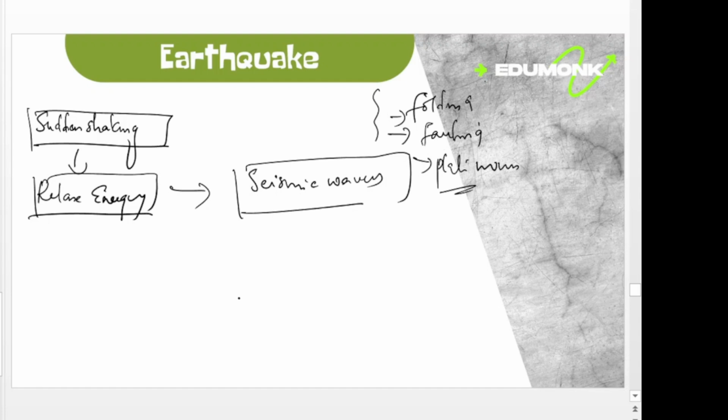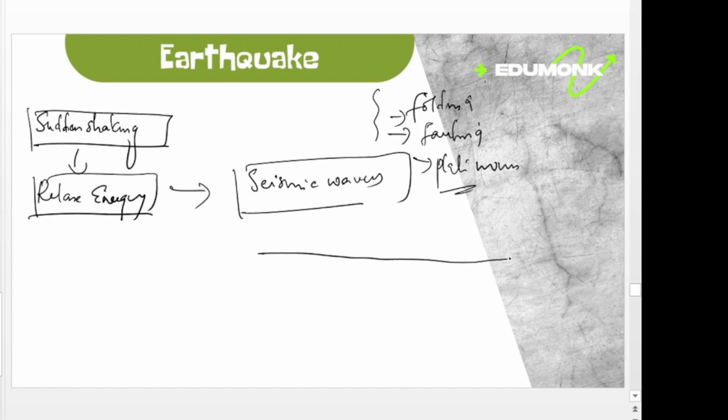Before that, how do these kinds of earthquakes make changes on the earth's surface? We have already discussed what an earthquake is and how it is formed. It can be due to plate movements, folding, faulting, or boundary changes. Anything will lead to an earthquake, and as a part of that, it releases energy.